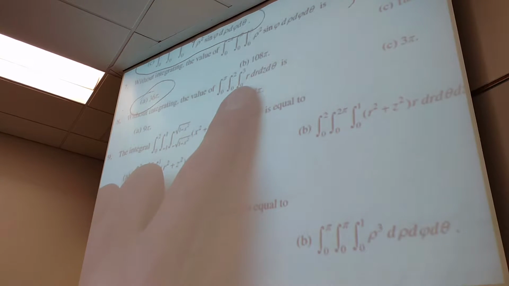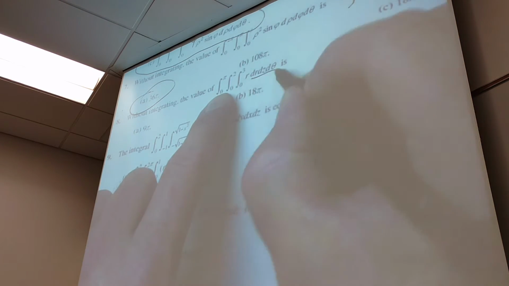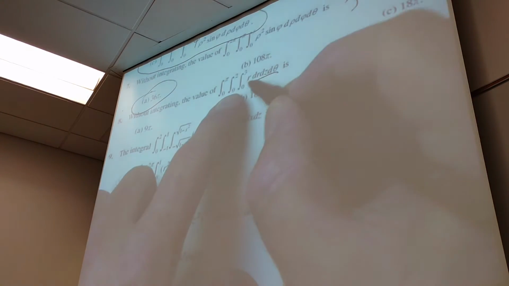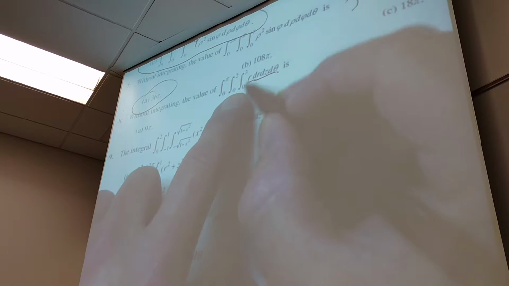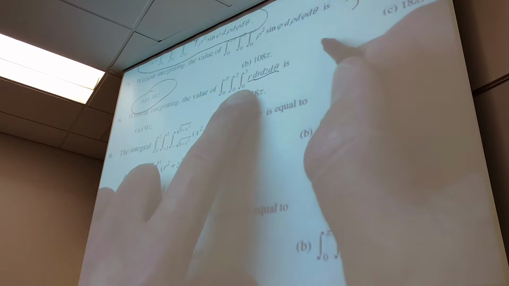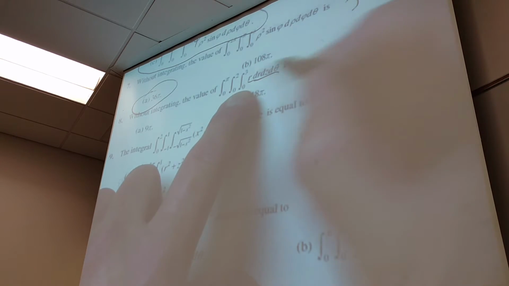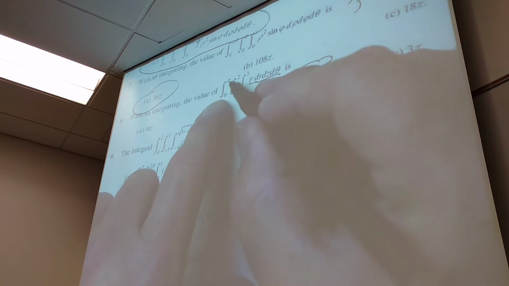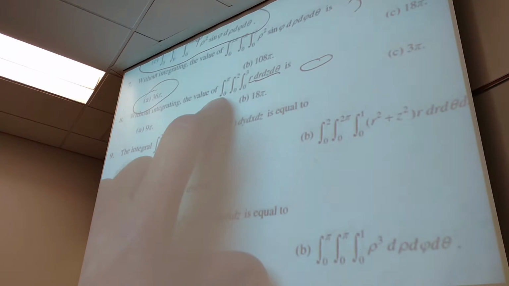Same thing here. What's this going to be? Cylinder. We're in cylindrical coordinates. That's kind of a giveaway. So yeah, 0 to 3 tells you what? The radius of 3 for the cylinder. Radius of 3. And then it's got a height of 2. And then theta goes from 0 to pi, so that's a half cylinder.